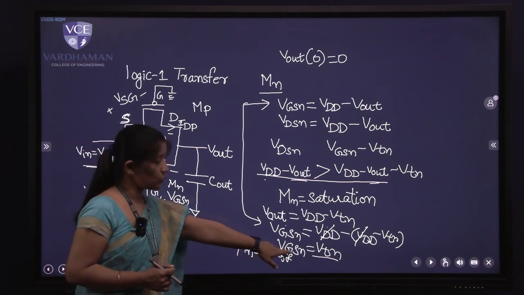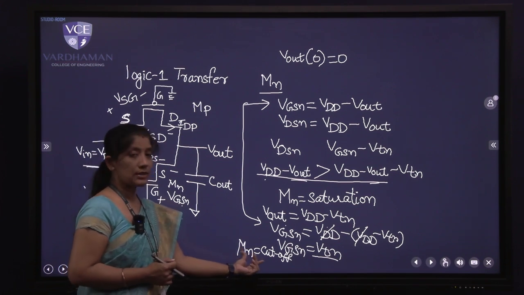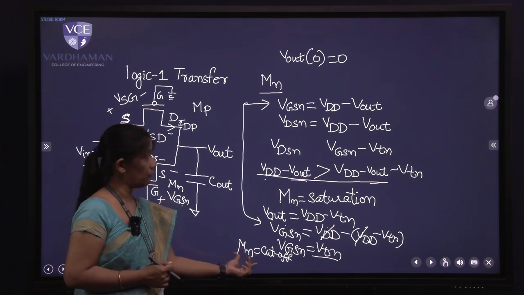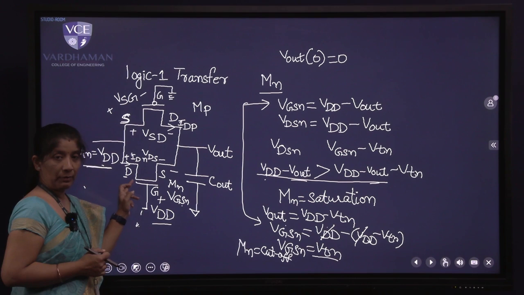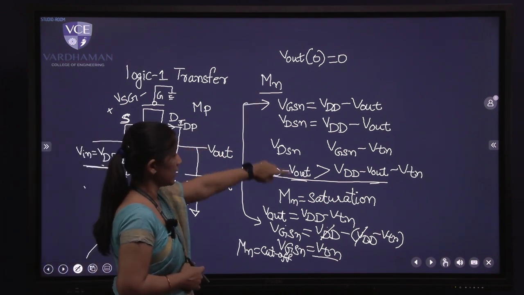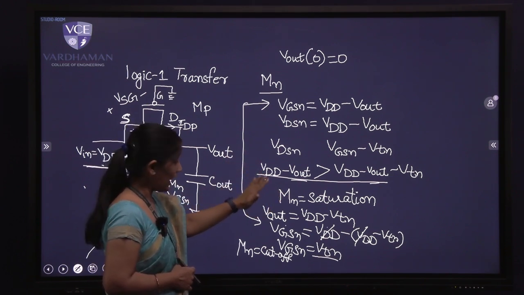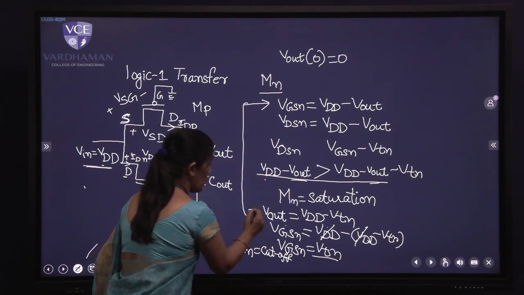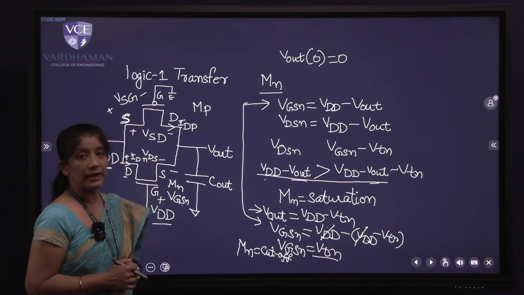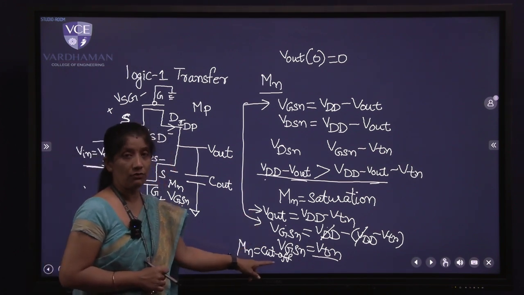So when the gate to source voltage of NMOS goes below the threshold voltage, my transistor Mn enters cutoff. For the analysis of the Mn transistor, we got to know that from the initial part Mn is in saturation mode. It will be in saturation mode until Vout crosses VDD minus VTN, and thereby it will enter the cutoff region.